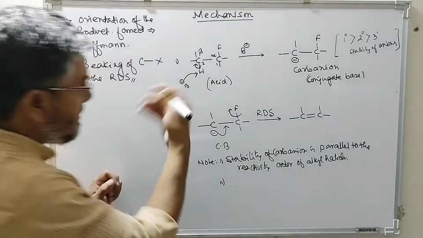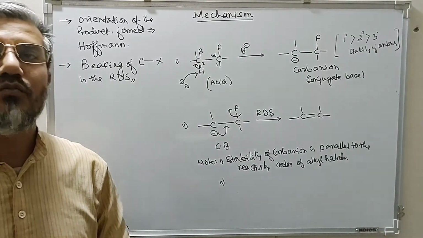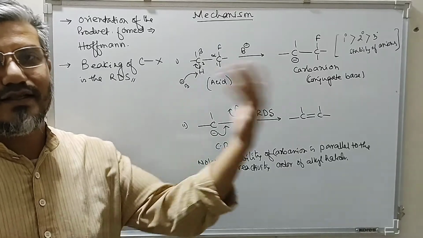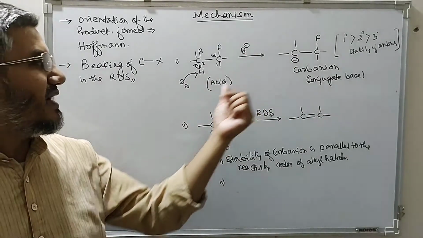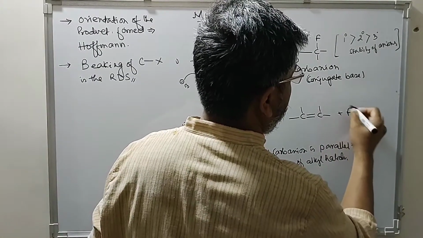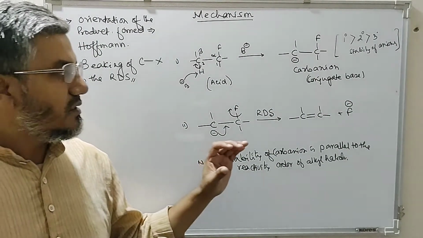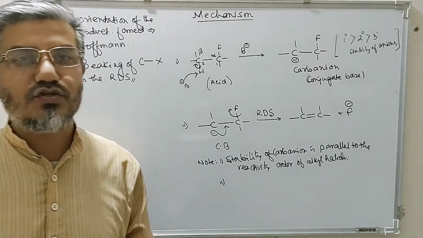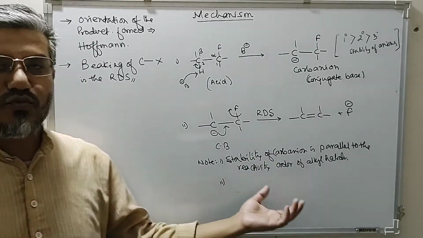Now again in the same feature we also said alkyl fluoride was the most reactive and alkyl iodide was the least reactive. So the reason being, this F minus, fluoride ion being the strongest base of all the halide ions. So we have fluoride, chloride, bromide, iodide.